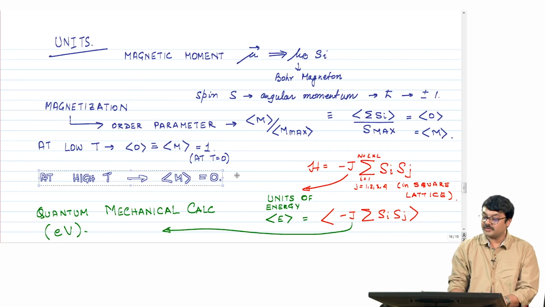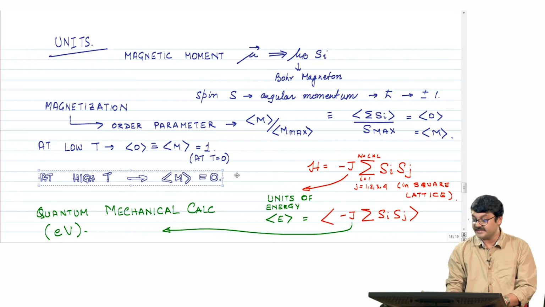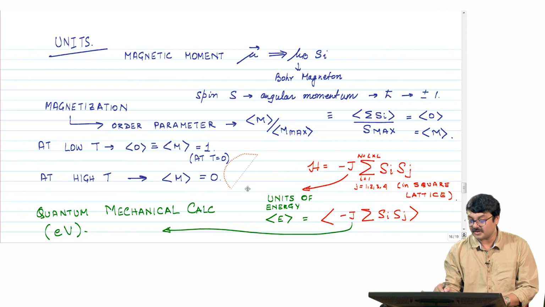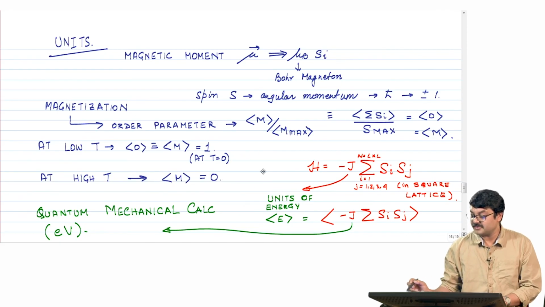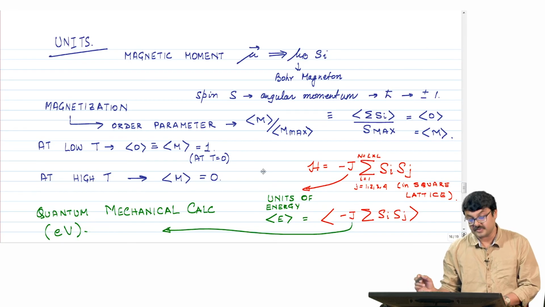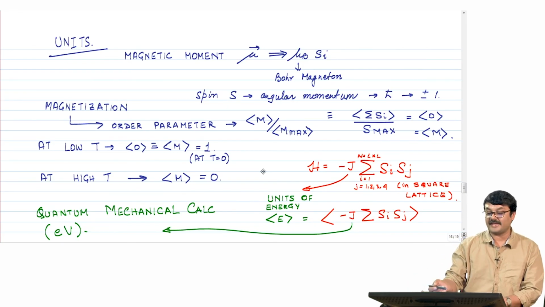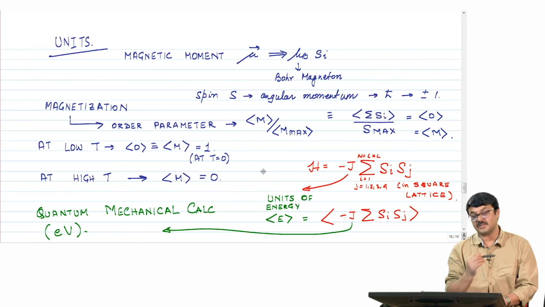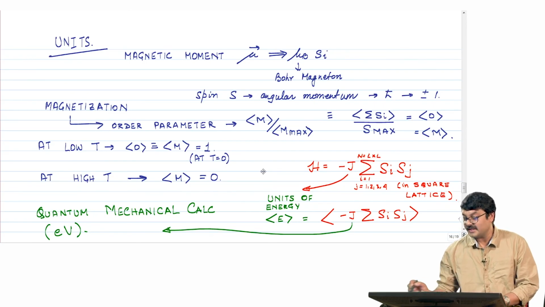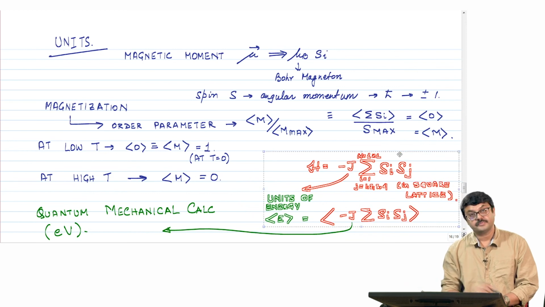Now, how to calculate the average energy? We discussed the order parameter, magnetization, magnetic moment. The other quantity of interest is essentially the Hamiltonian.